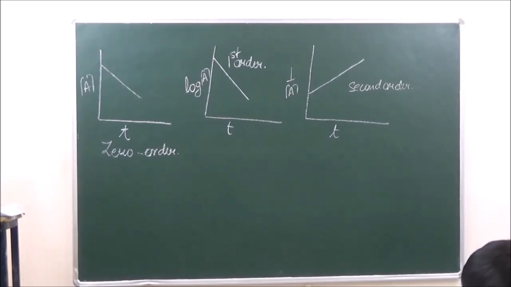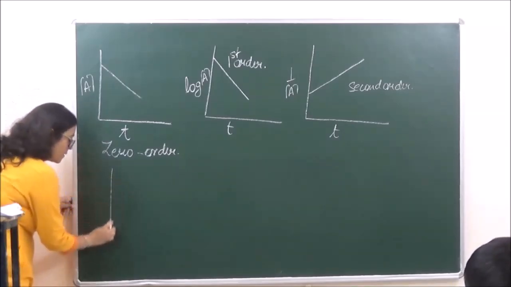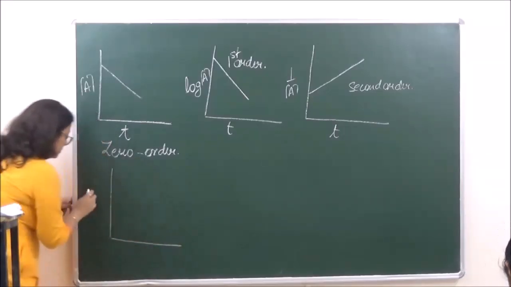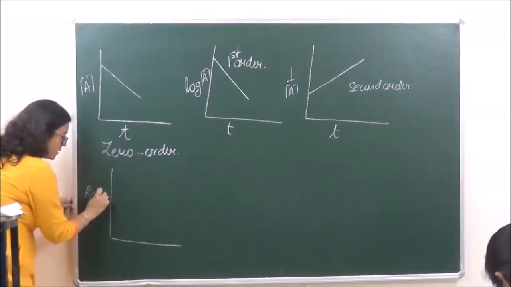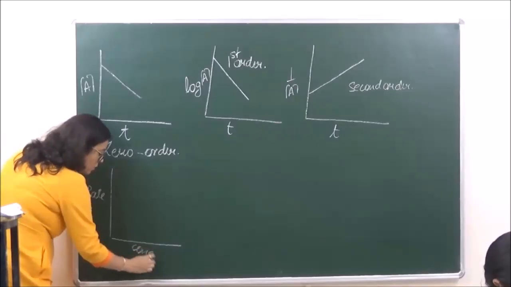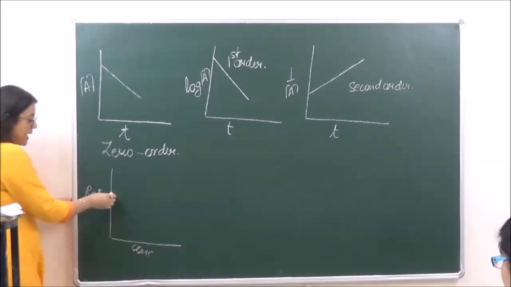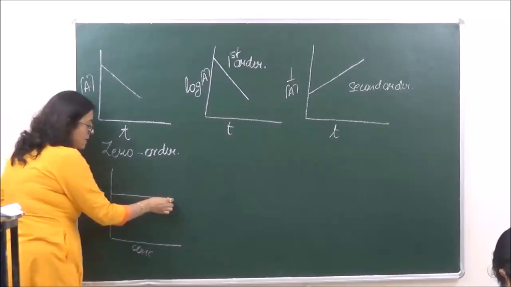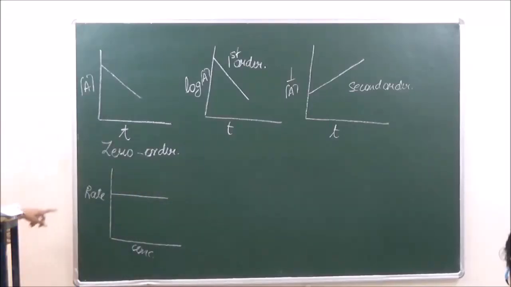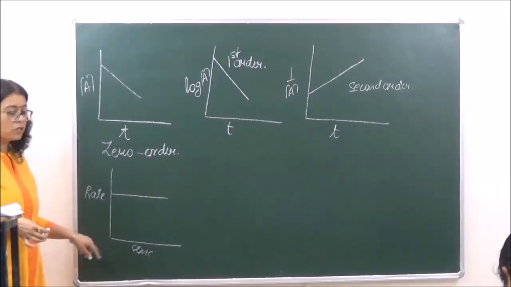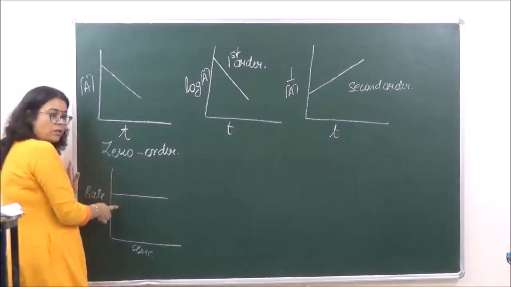Also, if we are given a graph between rate and concentration, and the graph comes as a linear plot, it means that the rate is independent of concentration, then this is for zero order.